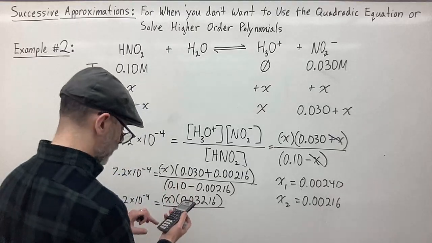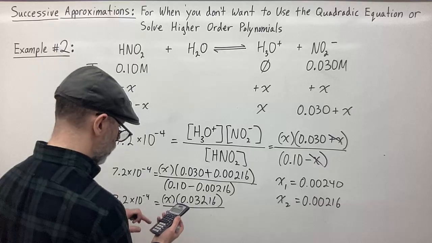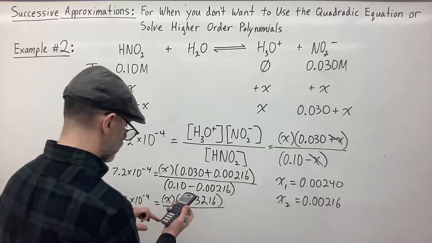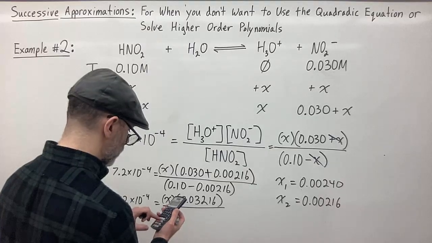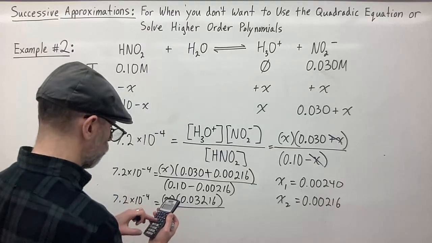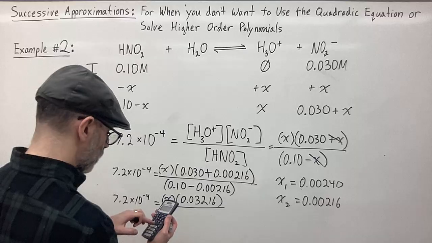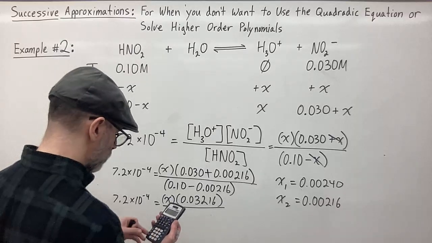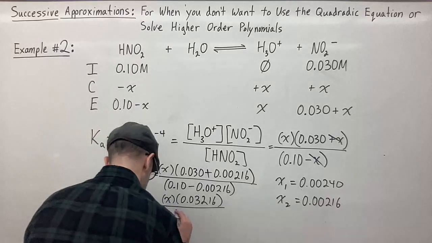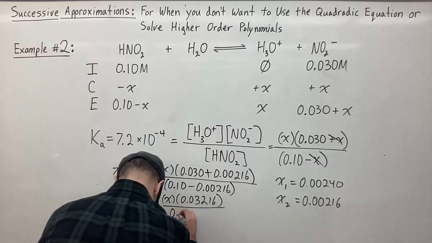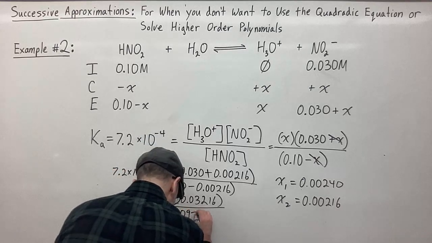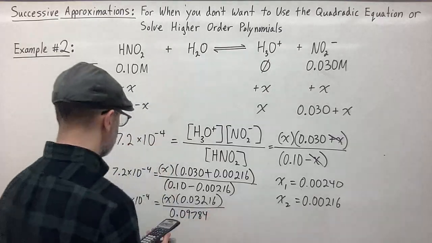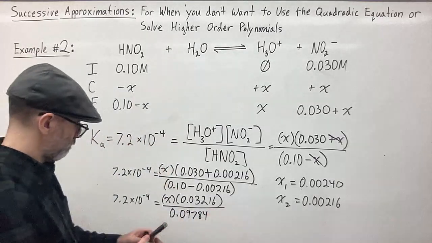So I'm going to take 0.10 minus 0.00216 equals, and that's going to be 0.09784.